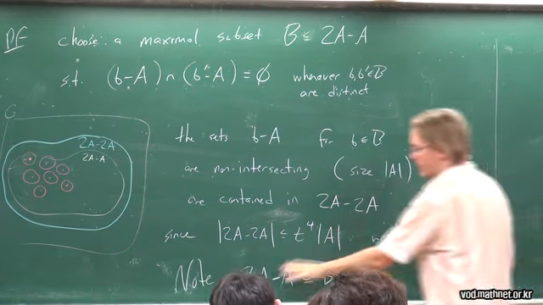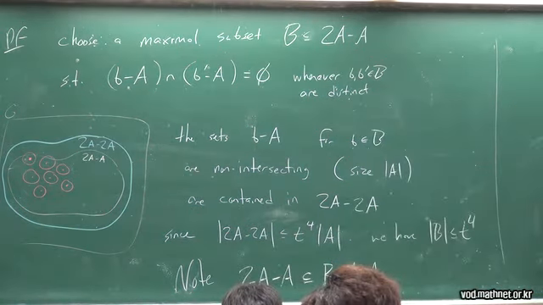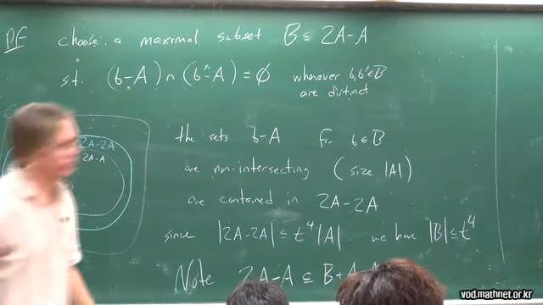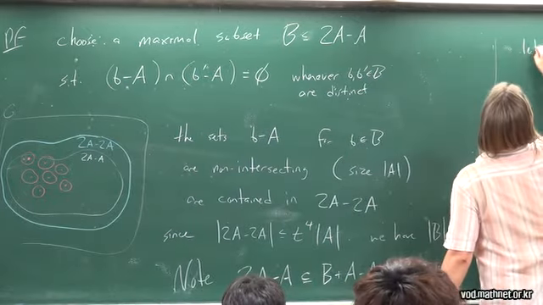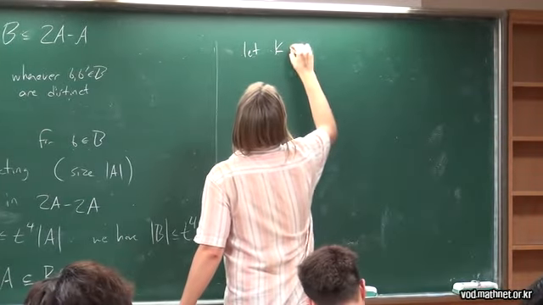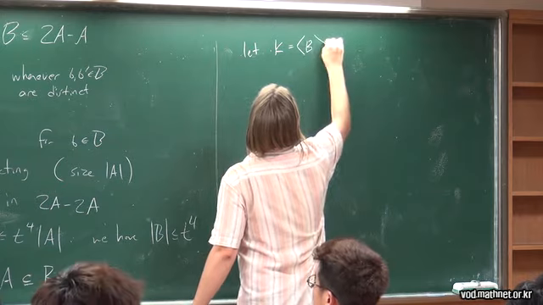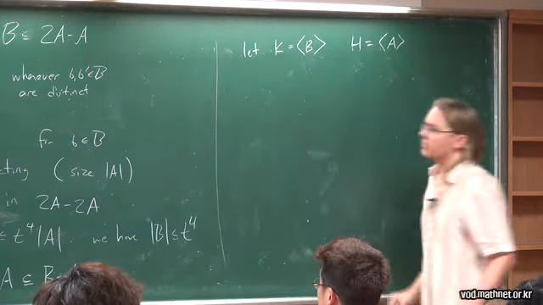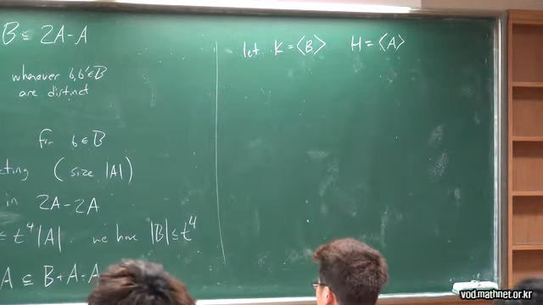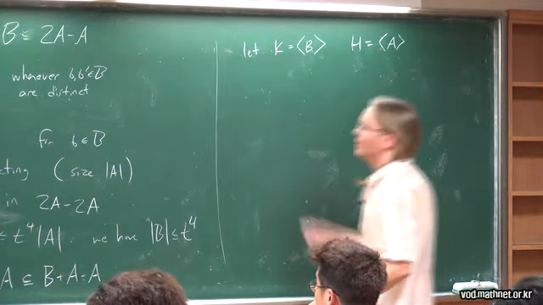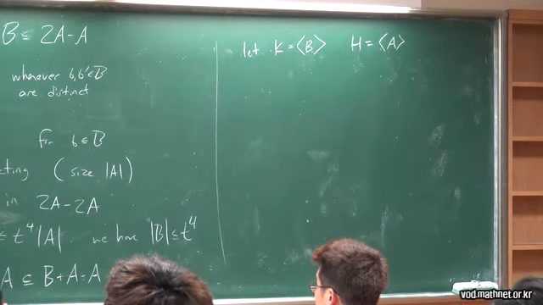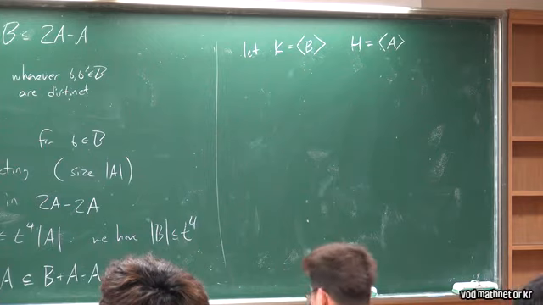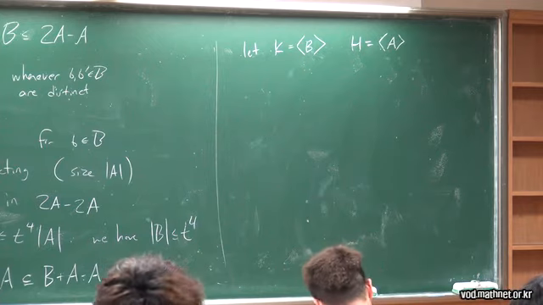Right, so we're going to use this in a kind of iterated sense in a moment, but first I'd like to define a couple of key subgroups for myself. So let K be the subgroup generated by B and H be the subgroup generated by A. Of course, if I was going to show you there's a subgroup containing A which has fairly small size, you might as well take the subgroup that's generated by A. That's the one you want.